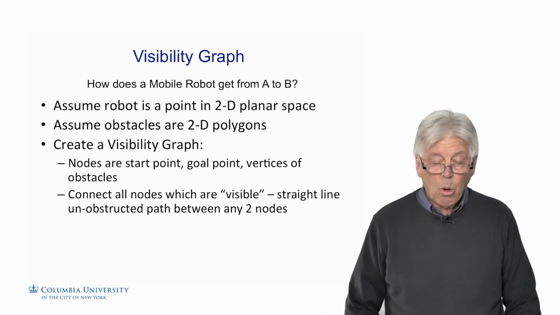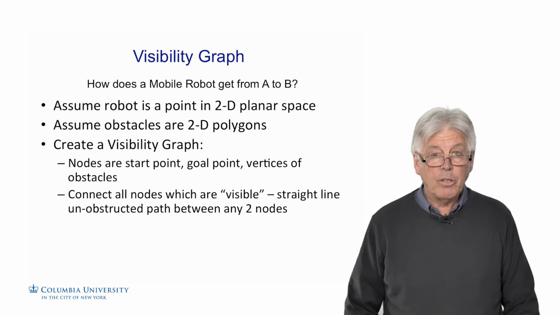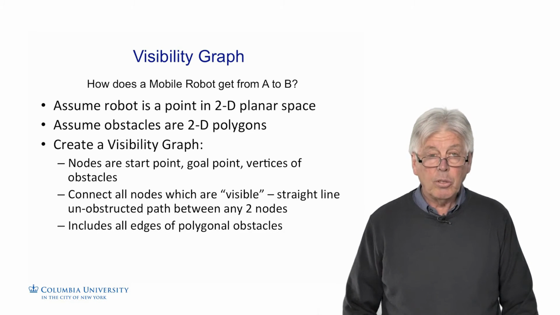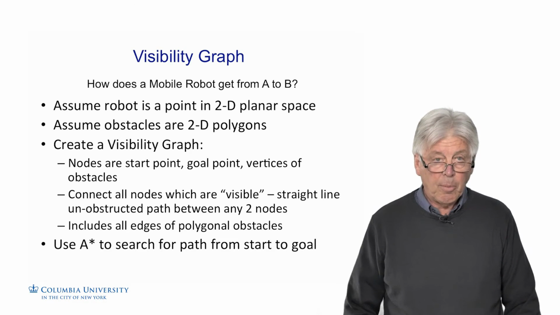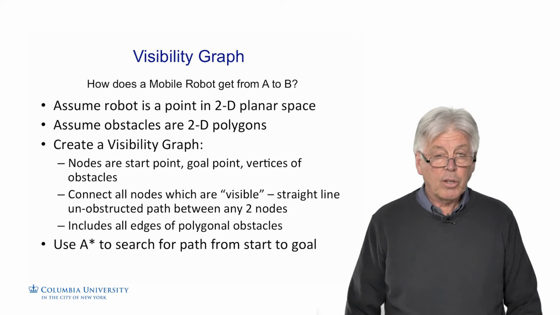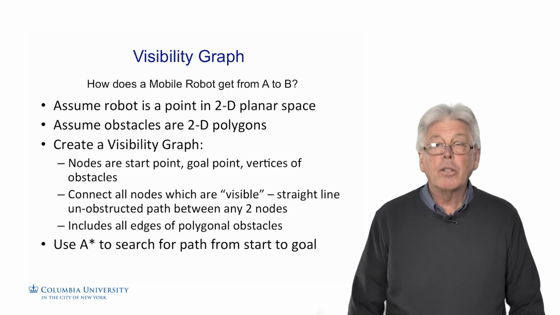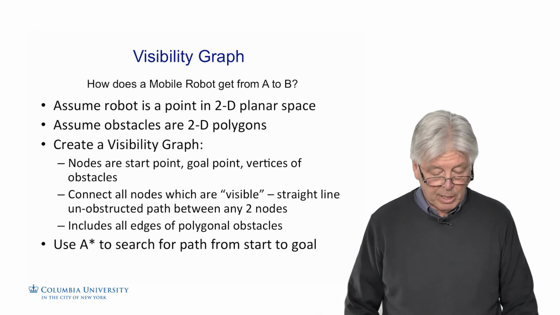And we connect all the nodes which are visible. So a straight line, unobstructed path between any 2 nodes becomes an edge of this graph. And we also include all edges of the polygonal obstacles. And from that, we can create a graph which goes from the start to the goal and use A-star search, which you've learned about before, to go and develop a path which is optimal in some sense.